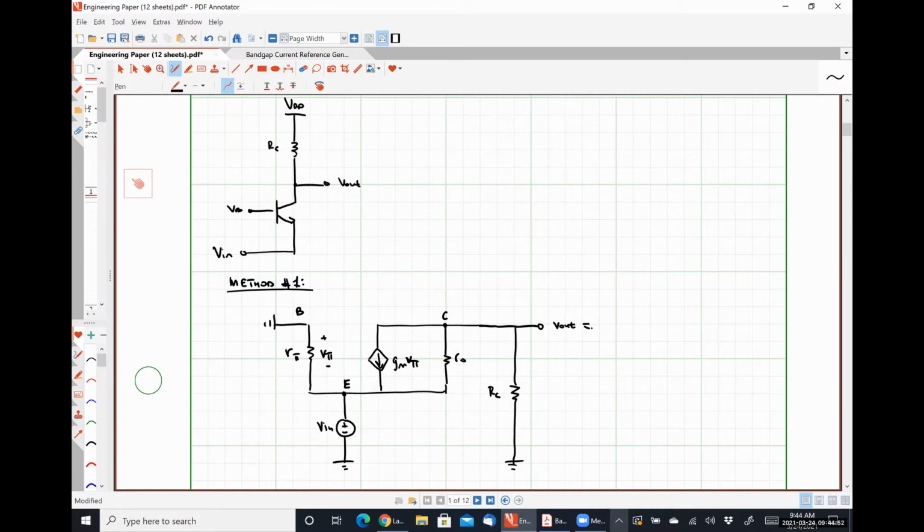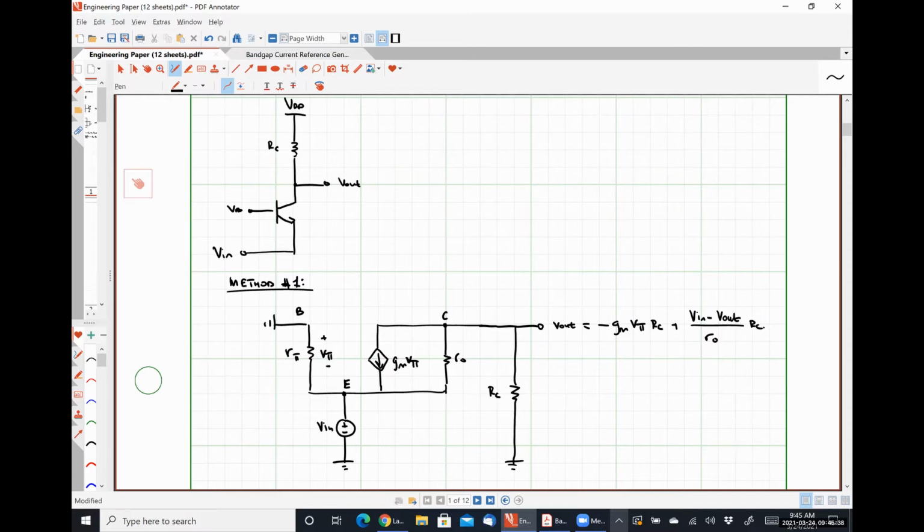V out would be RC times the current flowing through RC, and I'm arguing that the current that flows through RC is going to be negative the current being supplied by this dependent source minus the current flowing through that resistor R naught as well, just applying Kirchhoff's current law at that node, which gets me negative GM V pi RC plus V in minus V out over R naught times RC.